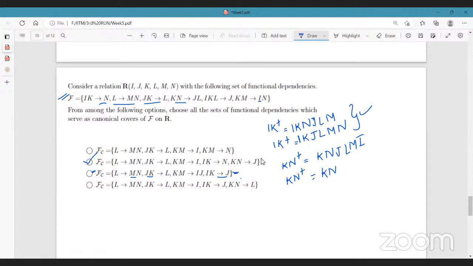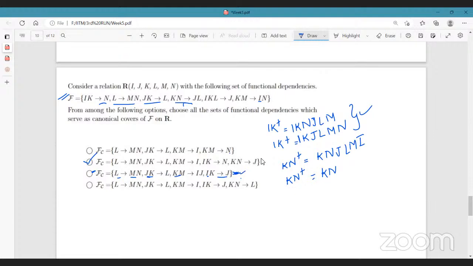Then KN is not determining any other attribute. So we don't need to proceed any further, because this functional dependency is not present in this set, and we are not getting the same output. So we can say that this particular option is not a correct option.